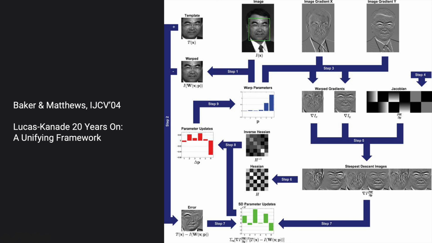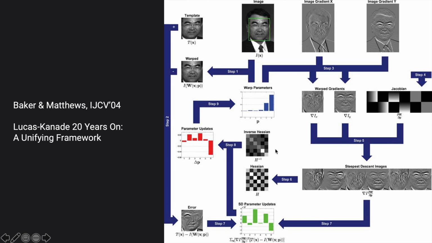The first step is to calculate the gradients like this, and then combine them with the warped image. By the way, the Jacobian is the derivative of the parameter space, or we also call it the Jacobian matrix. And then we combine them together to get the steepest descent images, and then we use them to calculate the Hessian matrix and also update the parameter space based on this.